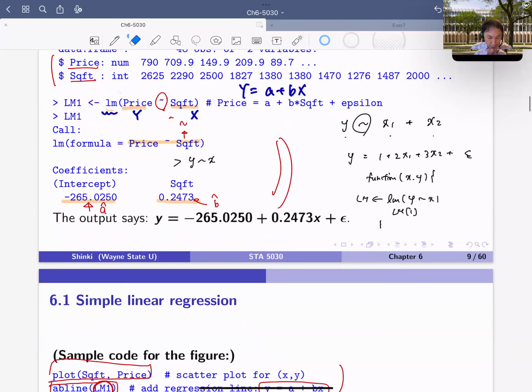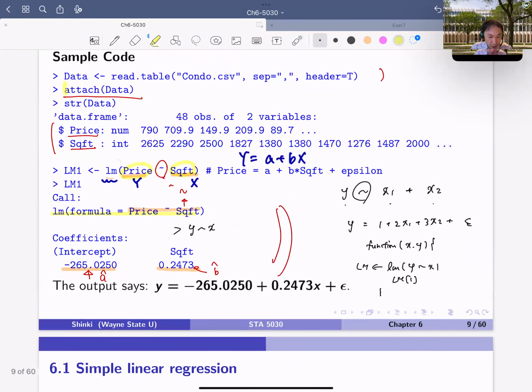And once you fit the data, remember that this price and square footage is a data set. So maybe if we have 100 observations, the price is a vector of 100 elements, and the square footage is also a vector of 100 elements.